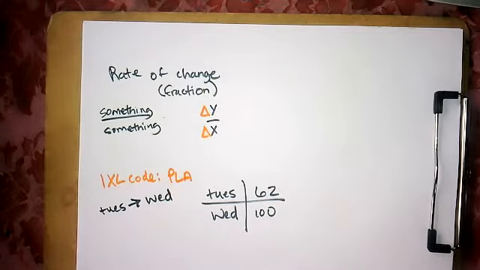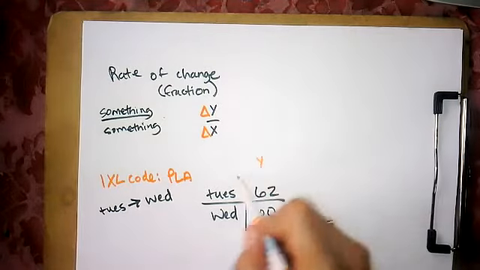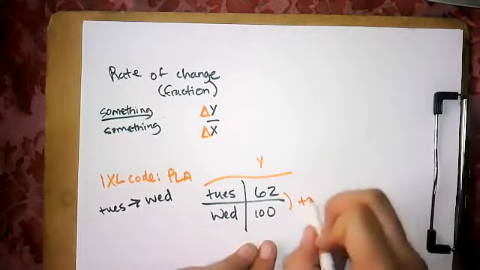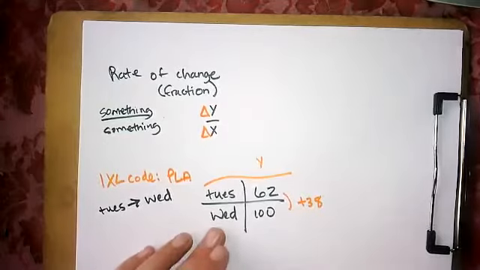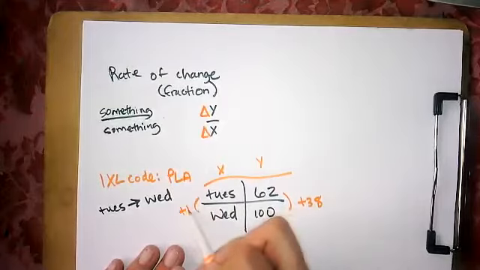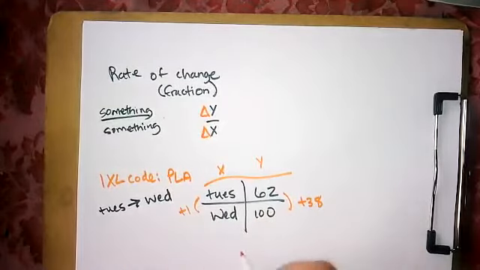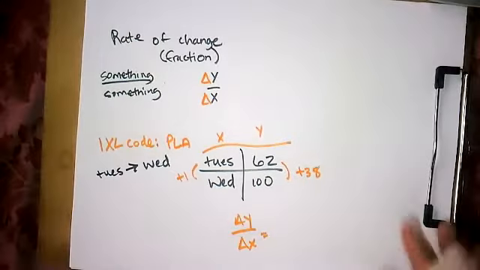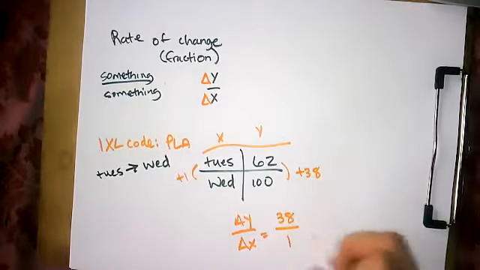So the change in y is 62 to 100, which goes up 38, plus 38. And then the change in x, my days, is 1 day. So the change in y over the change in x equals 38 over 1.